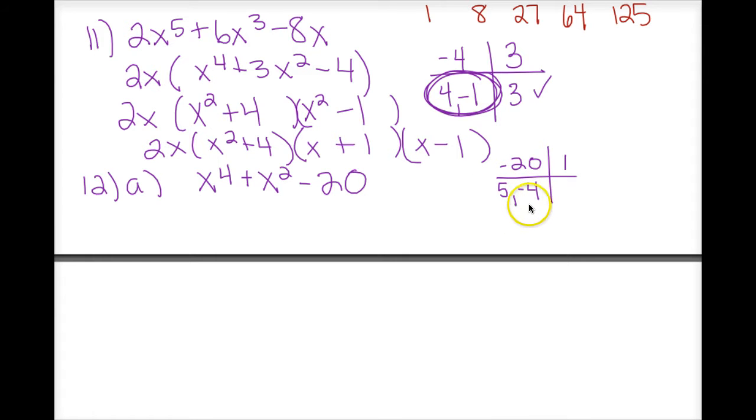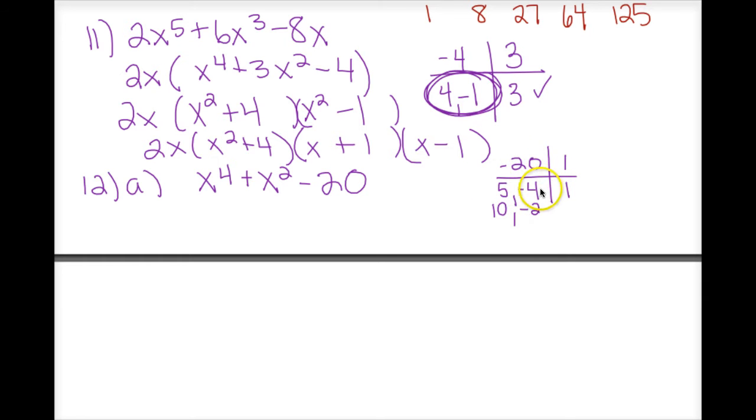I've seen, just from helping people, that some of you just sit there and think that you can't figure it out. That's not what this chart is supposed to be for. This chart is supposed to be for listing the factors. If you know it on the first try, that's great. But if you don't, you just list all the factors of negative 20.